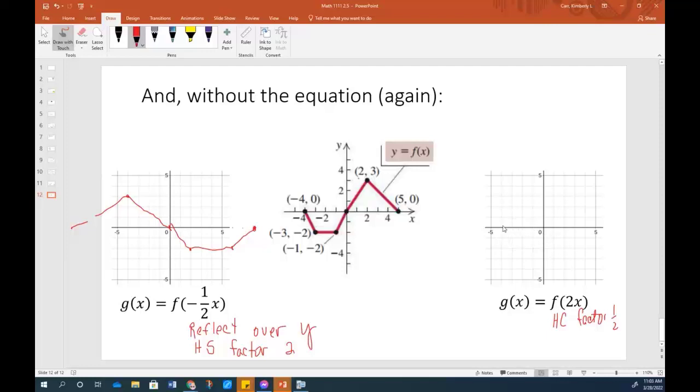I don't want to explain it too many different ways. So instead of negative 4, 0, we've got negative 2, 0. I've got negative 1.5, negative 2, negative 1/2, negative 2, 0, 0, 1, 3, and 2.5, 0.